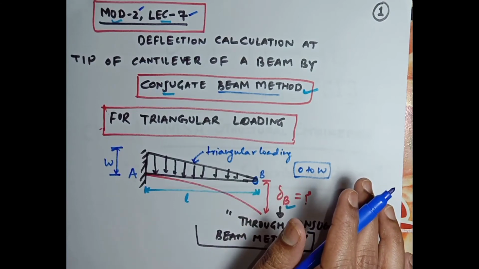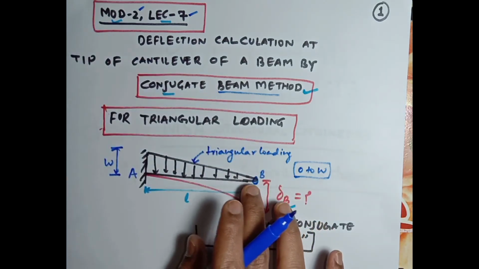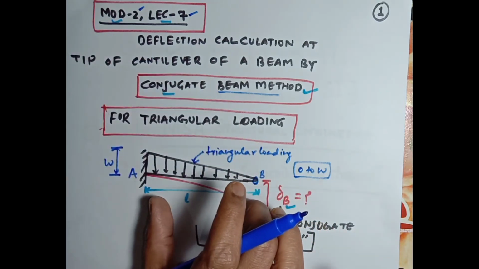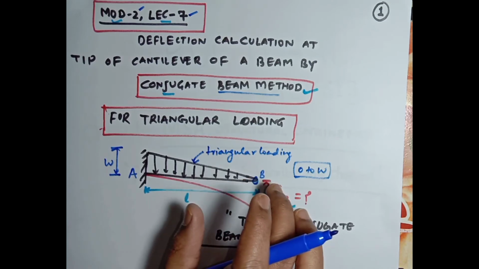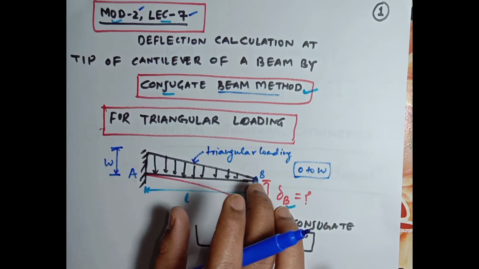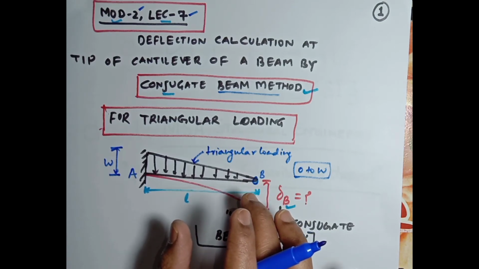In my previous lecture 5 and lecture 6, for the same module, I have calculated deflection delta B of the same cantilever beam which is subjected to a triangular loading, but by other methods, like the unit load method and moment area method.